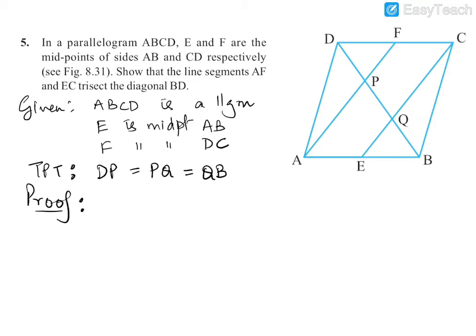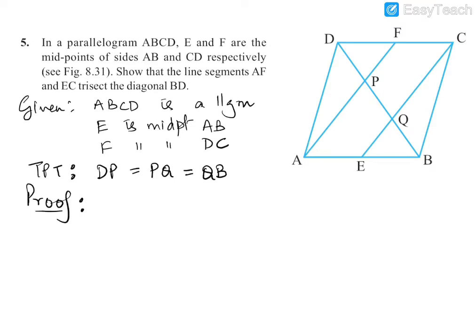But we will be able to apply converse of midpoint theorem only if we show EC parallel to AF. So that is going to be the first part of the proof. To show AF parallel to EC, we will have to show this quadrilateral AECF as a parallelogram.